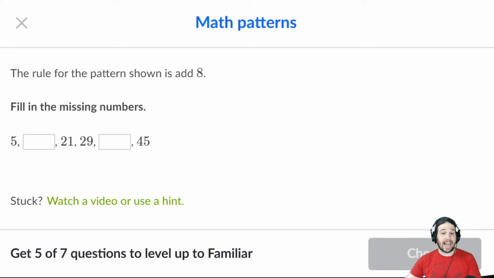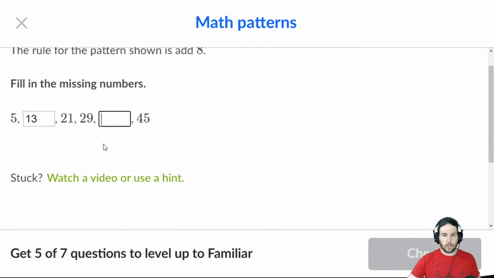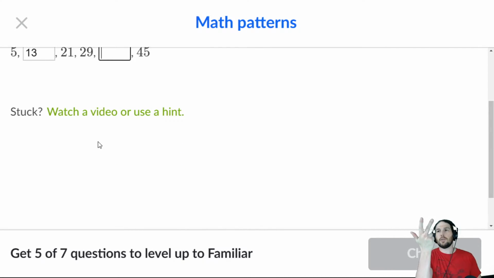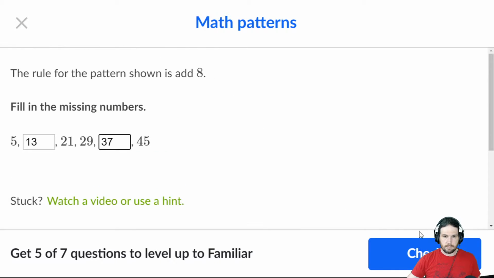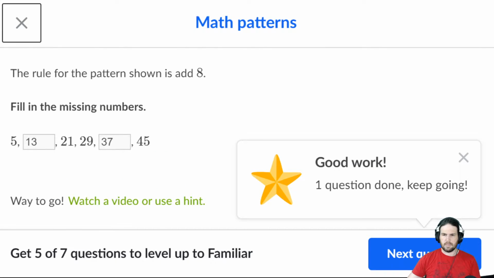So if we're adding 8 every time, well, we've been adding for a while now. 5 plus 8 is 13, right? 8, 9, 10, 11, 12, 13. Okay, just making sure, use those fingers if you have to. And then 21, 29, 30, 31, 32, 33, 34, 35, 36, 37. No problem.